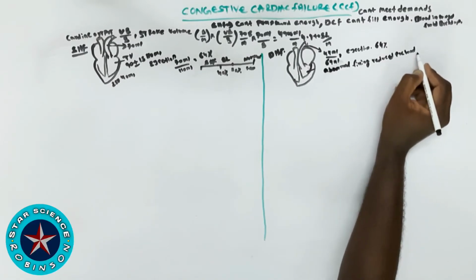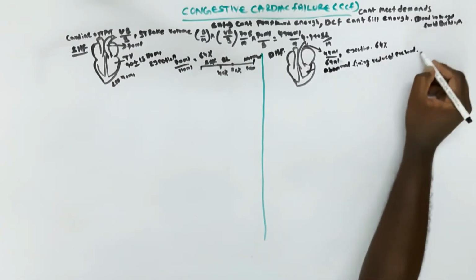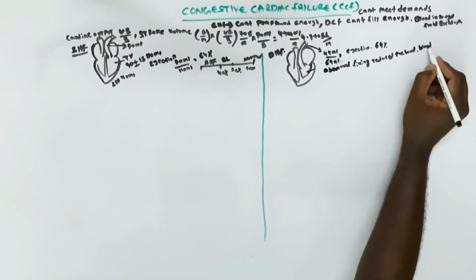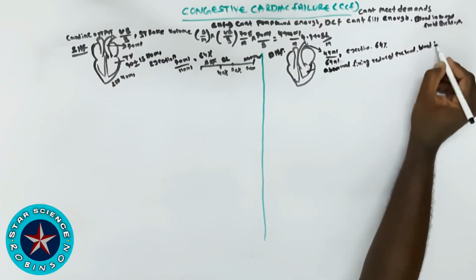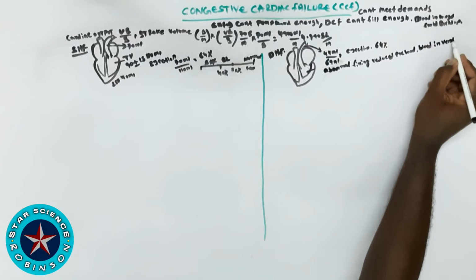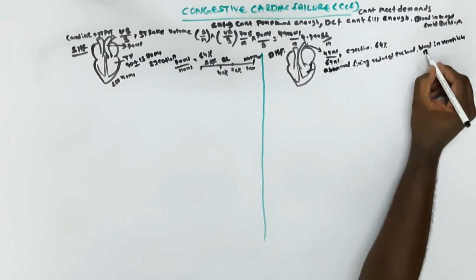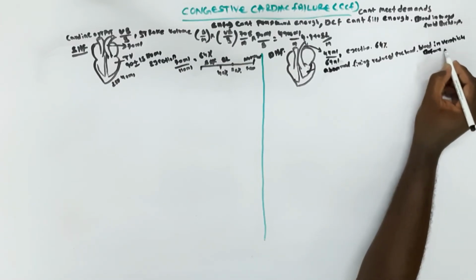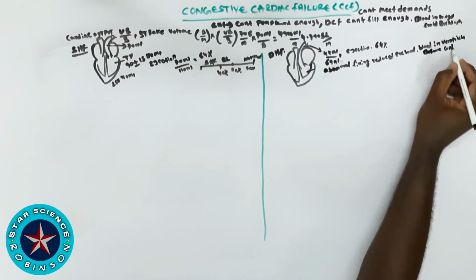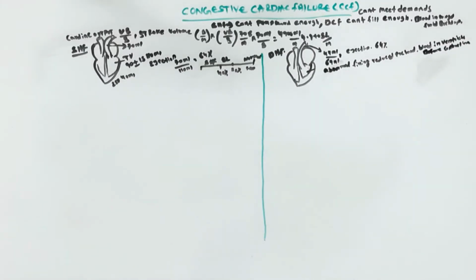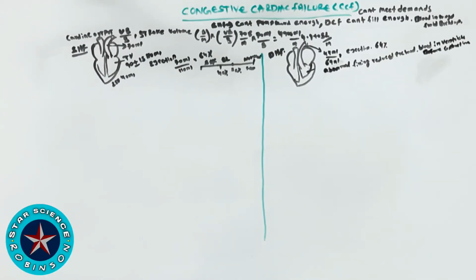So this is diastolic heart failure, because there will be no space for filling enough blood in the ventricles. Now you can remember, systolic heart failure is where the heart doesn't pump enough blood, while in diastolic heart failure, it doesn't have enough space to get filled with blood to be ejected into the aorta.